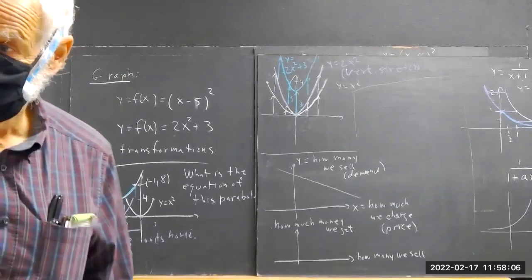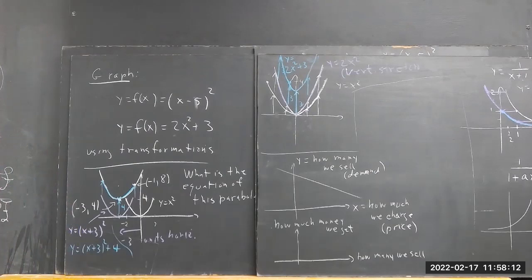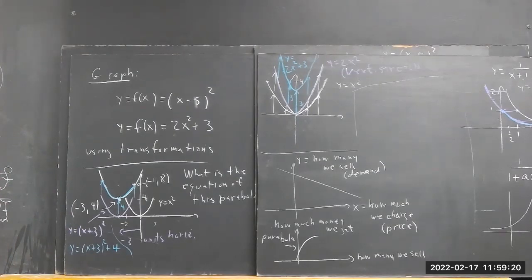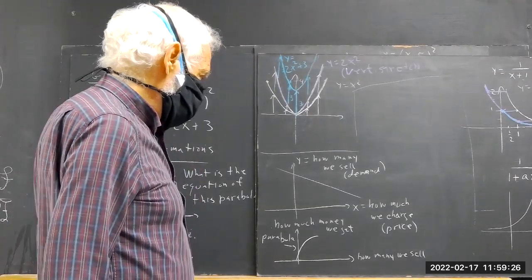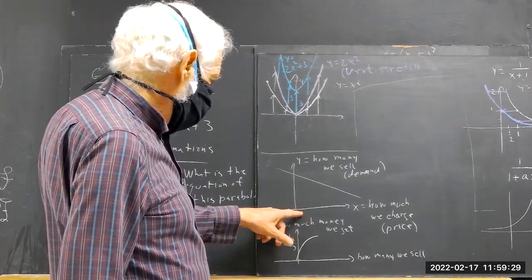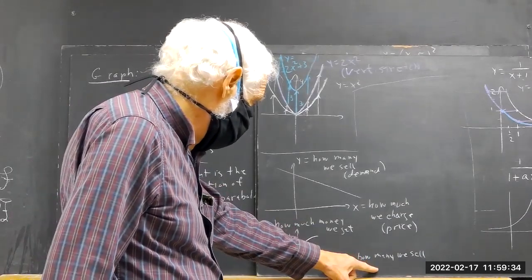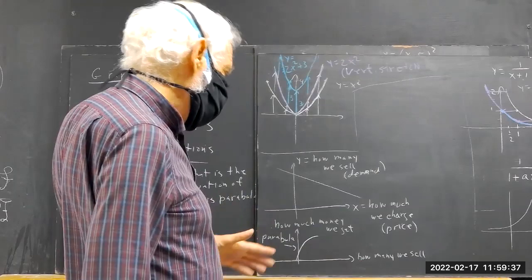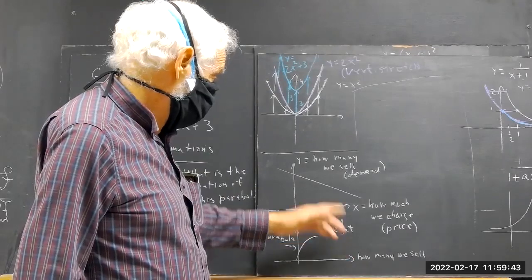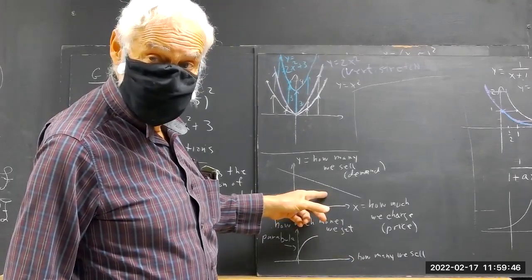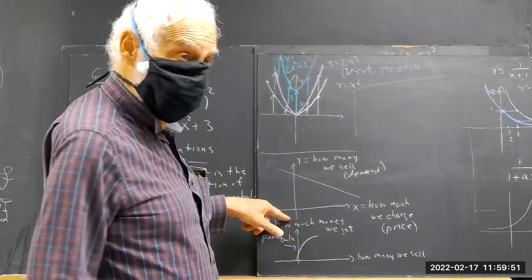What's that graph look like? You just gesture. Sorry, I'll pause for a second so you can say. If we do how much money we get against how many we sell, actually, the more we sell, the less we charge. So the less we multiply this number by to get this number.